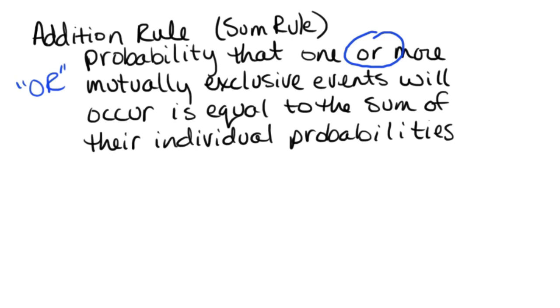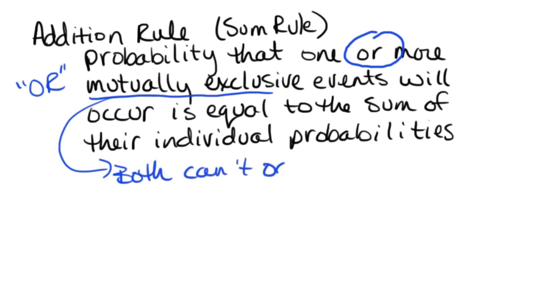So we're going to have one or more mutually exclusive events. By mutually exclusive, what this is saying is that both can't occur. So both, if we were talking about two of them, if we had multiple ones, then all of them can't occur. Just one of them is going to occur. And so what we would do is figure out the probability of each event. So we would have event A and we'd have the probability of that.